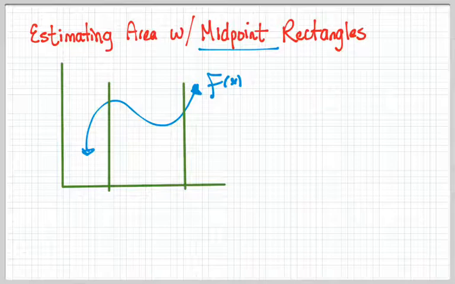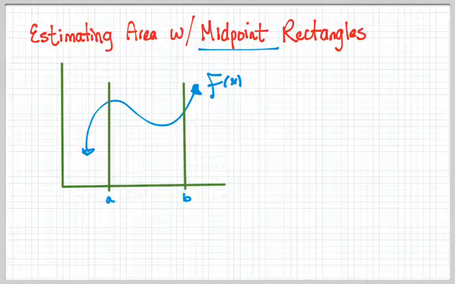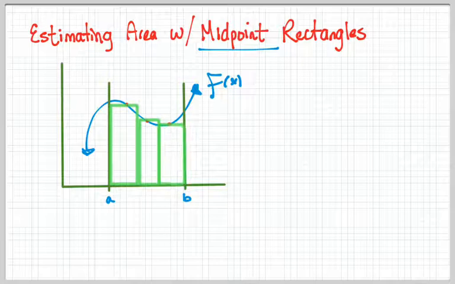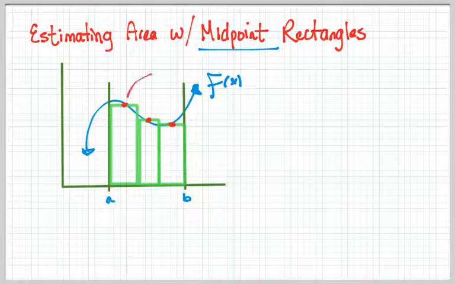We'll look at it on the interval a to b, and then we're going to divide this into three rectangles here. So here's our first rectangle, here's our second, and here's our third. And it's not to scale, which is fine, but this is more just to define that the midpoint now defines the height of our rectangle.